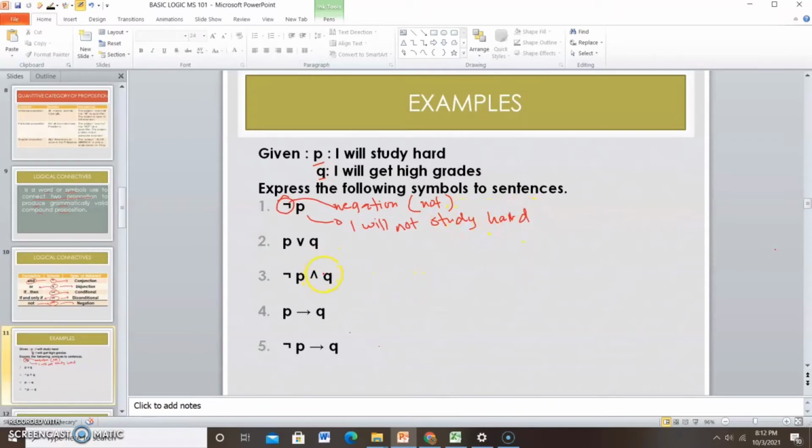Next example is P and Q, where this symbol is "or".